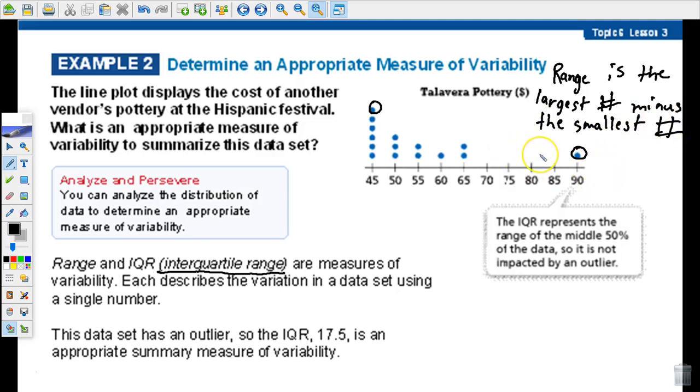Okay, so that'd be 90 minus 45. You would get 45 as the range. Okay, so that is thrown off. Okay, the IQR is interquartile range, which is on our box plot.